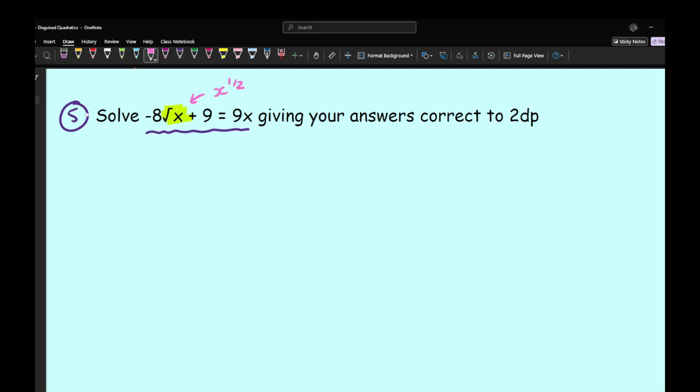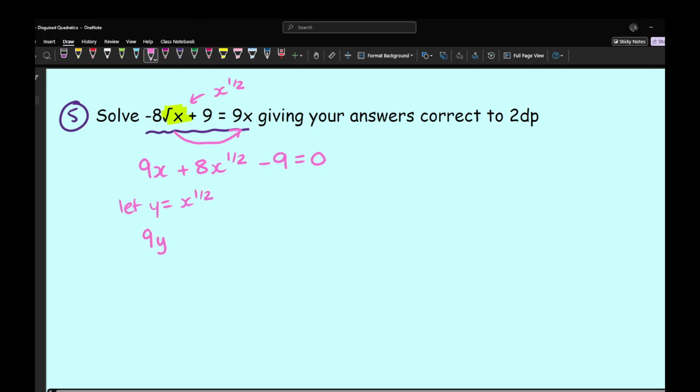So taking this to this side, we end up with 9x plus 8x to the power of a half minus 9 equals 0. From this, what we can then do is let y equals x to the half, and substituting that in, we get 9y squared plus 8y minus 9 equals 0.